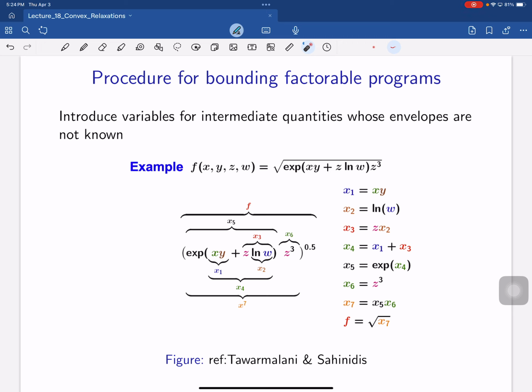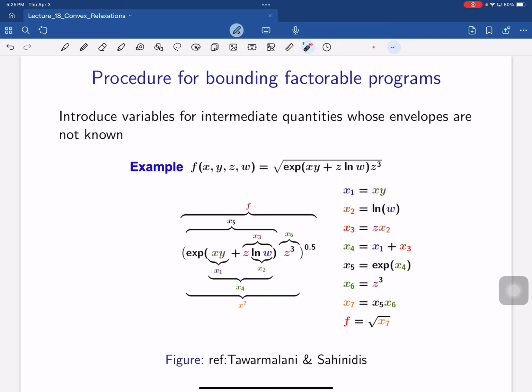So in practice, what people will do for these composite functions is to decompose them by univariate operations, and then derive a convex envelope for each of these univariate operations, right?